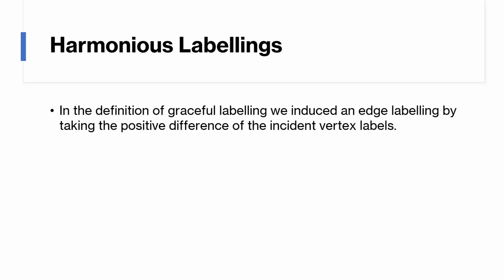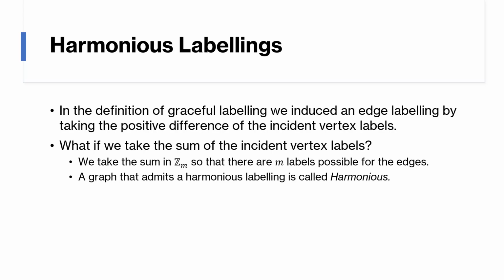Remember, in the definition of graceful labelings, we induced an edge labeling by taking the positive difference of the incident vertex labels. So what if we took the sum of the incident vertex labels? Well, it'd be really easy to find distinct one-to-one edge labelings if we had no restriction on this.